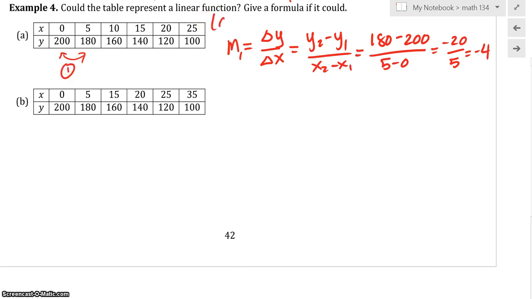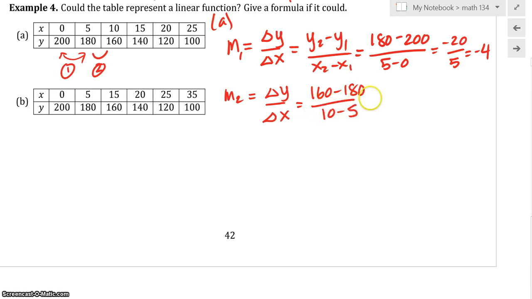Well, if I look at the second set, maybe these two, do I get the same thing? Well, let's just try it. The same formula, 160 minus 180 all over 10 minus 5, negative 20 over 5. It looks like it is.